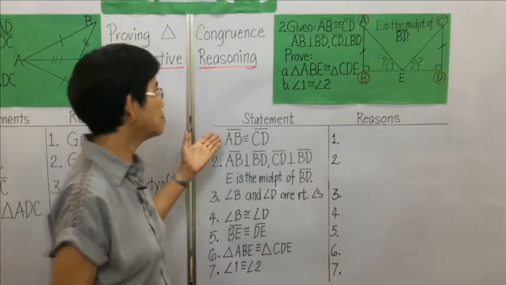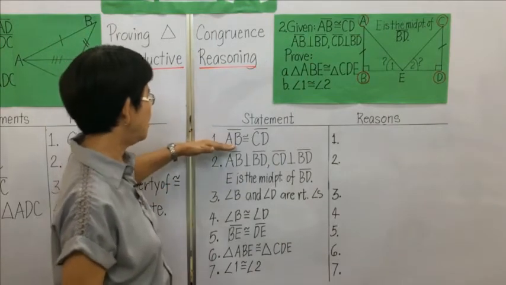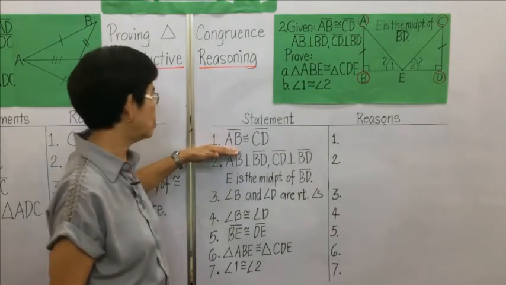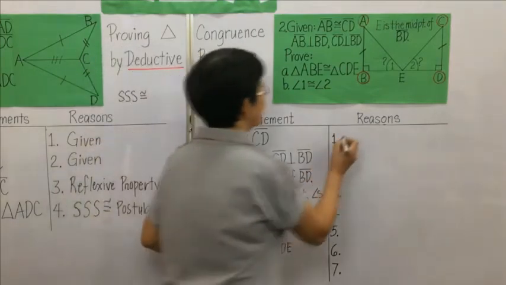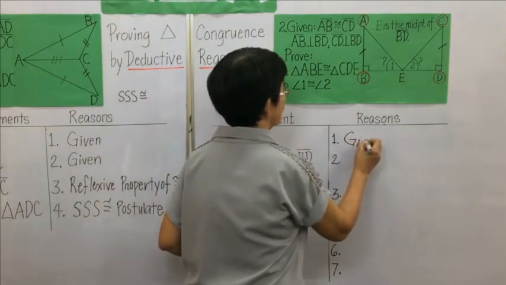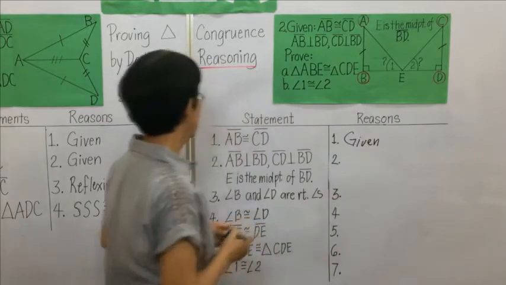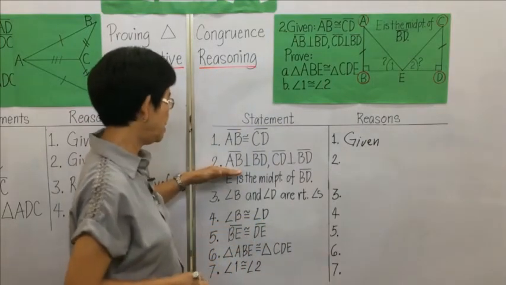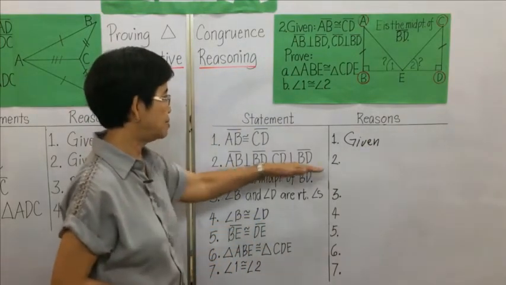So for our statements, we have the given AB is congruent to CD. And then AB is perpendicular to BD and CD is perpendicular to BD.